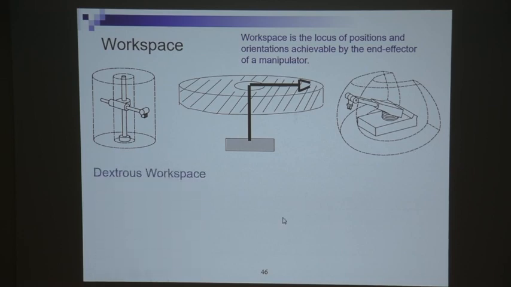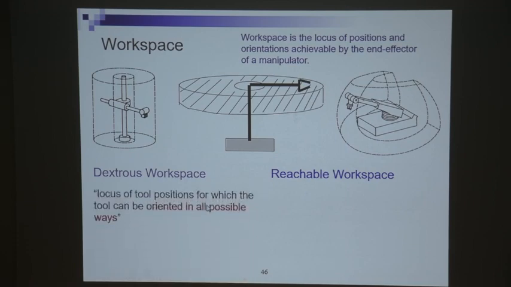When you talk about the workspace, you have something called a dexterous workspace, and then a reachable workspace. A dexterous workspace is defined as the locus of positions in which the end effector can be oriented in all possible ways. Meaning that for this single object, at this particular point, if my hand is a robot, I can hold on to this and reach this point in all different ways.